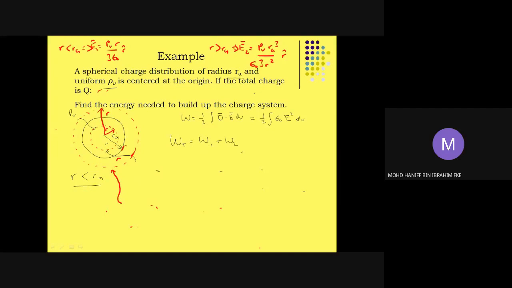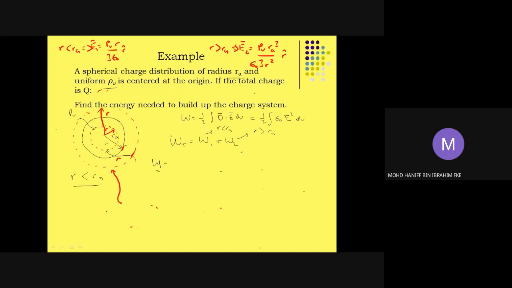W1 is the contribution of the electric field for R less than RA, and W2 is the contribution of the electric field in the region of R bigger than RA. Because we have two regions of electric field, we need to consider both of them to calculate the total energy. Let us go for W1 first.